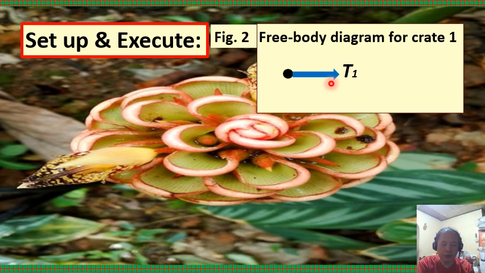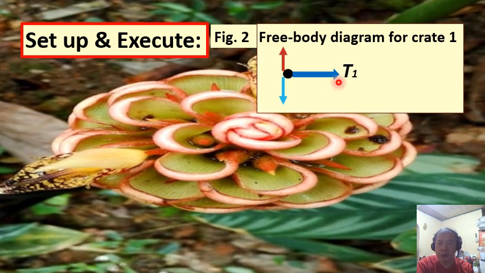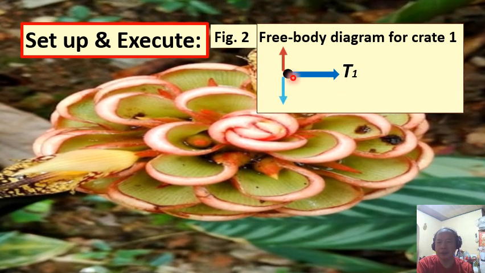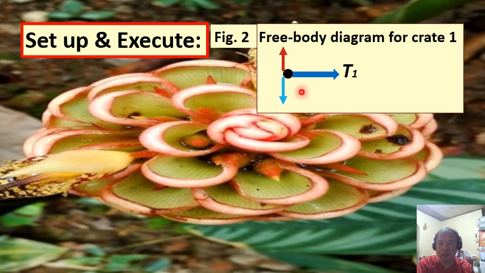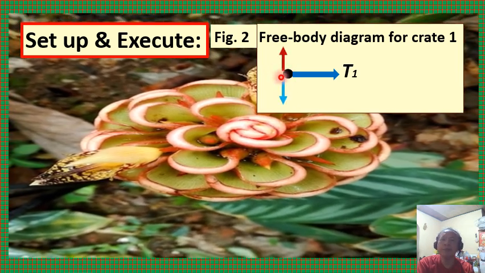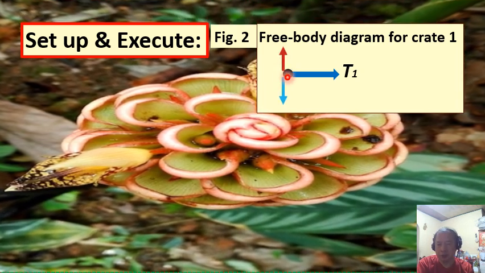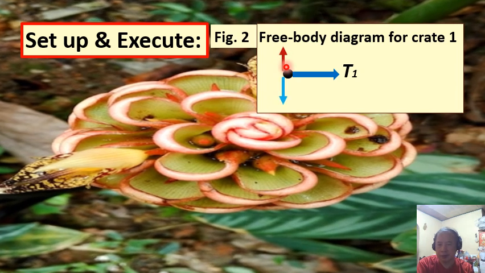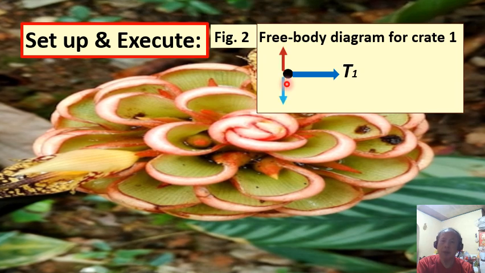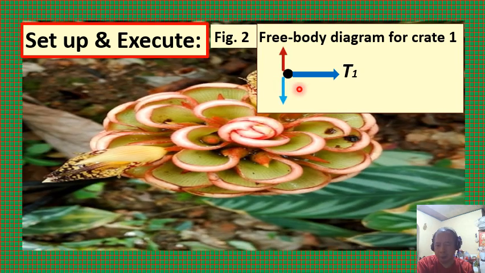We do not include in this diagram the two vertical forces acting on crate number 1. The upward force being the normal force exerted by the surface on the crate, that's the red arrow, and the downward gravitational force or the weight of crate number 1.